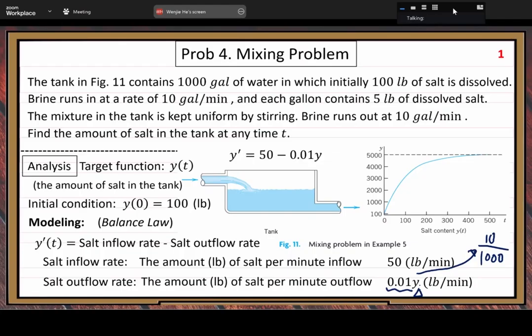That's our modeling equation, the ODE. So we need to solve this ODE.